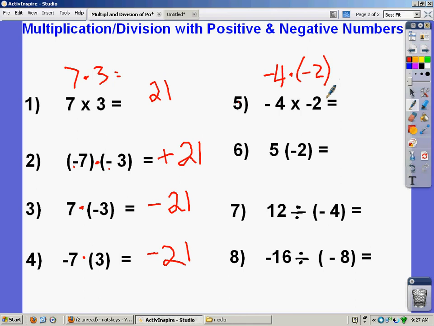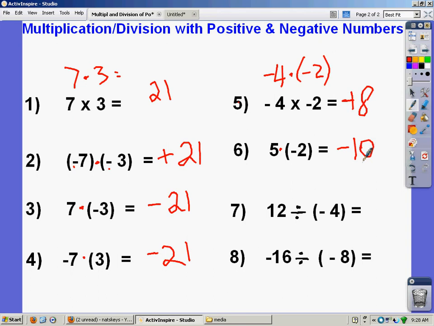As you progress further and further, you should be comfortable seeing either of these examples and knowing that's a multiplication. Anyway, negative 4 times negative 2, both numbers are negative. In other words, the same sign, so the answer will be positive 8. 4 times 2 is 8.